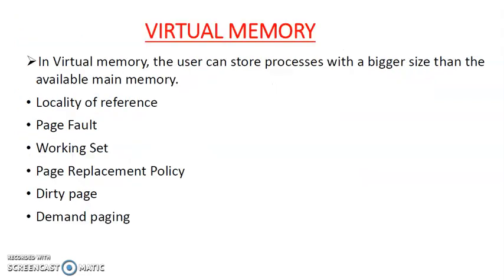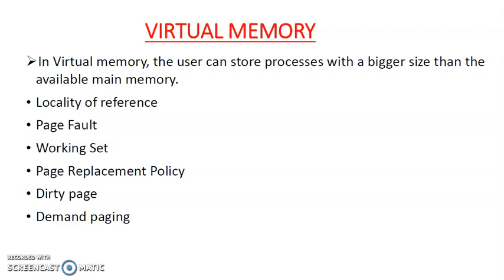Now see the next term, virtual memory. What is the meaning of virtual memory? A computer can address more memory than the amount physically installed on the system. This extra memory is called virtual memory.